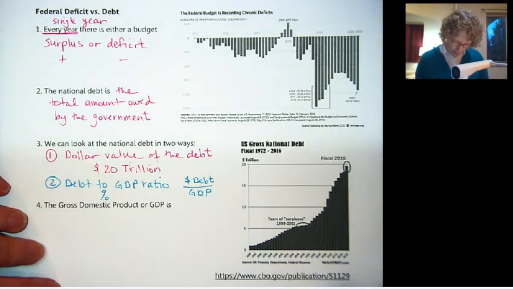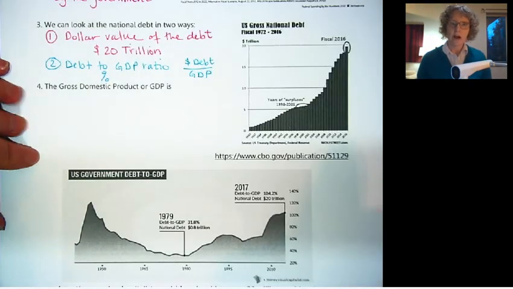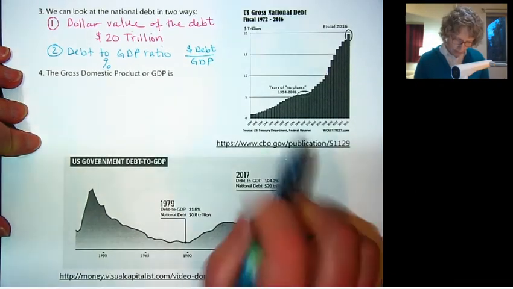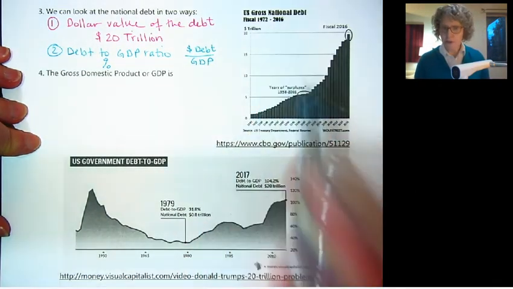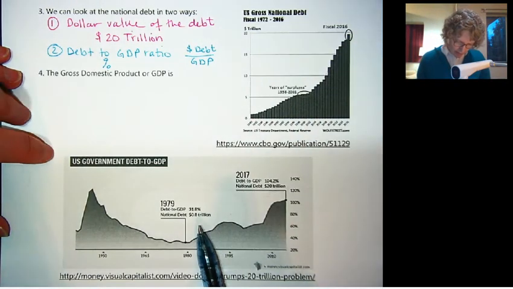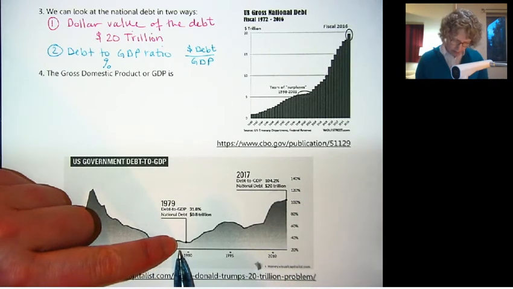Okay, I have this graph down here, and then we'll write out the gross domestic product. So here we can see the two different ways of measuring it. This is the US, it's all US. This is the gross national debt, this is the debt to GDP ratio. And this is about 1972 would be about right here.